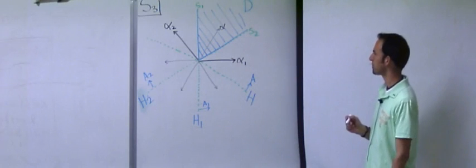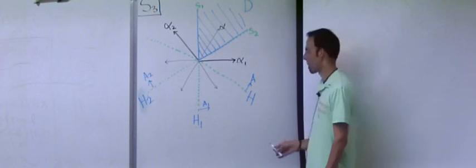If I include this part right here and this part right here, then this becomes D. So this is the set of things that have non-negative dot product with all positive alpha.